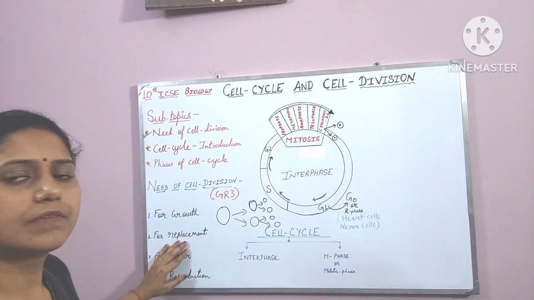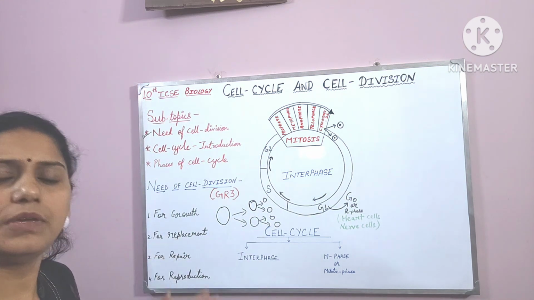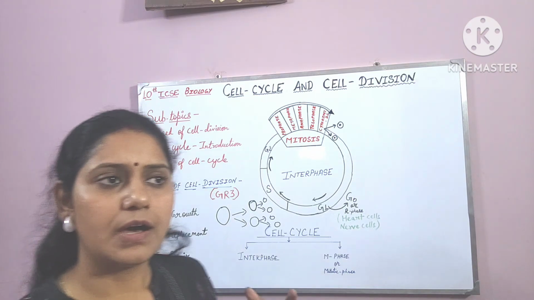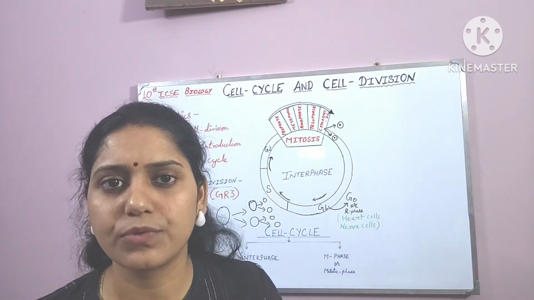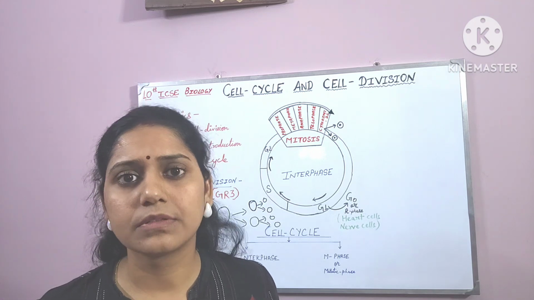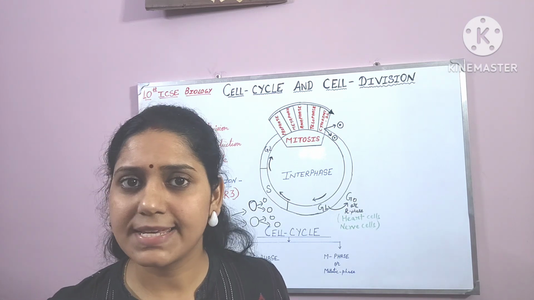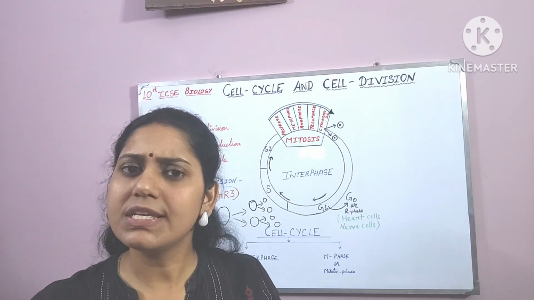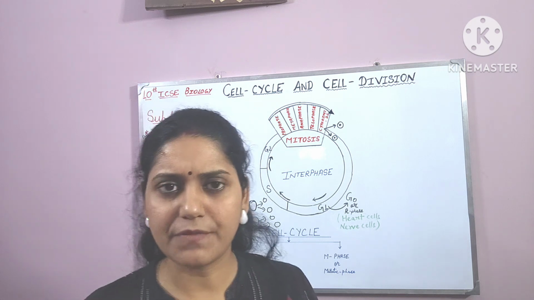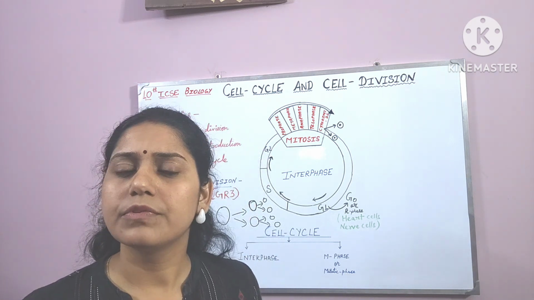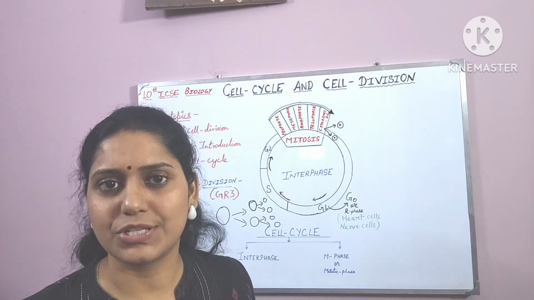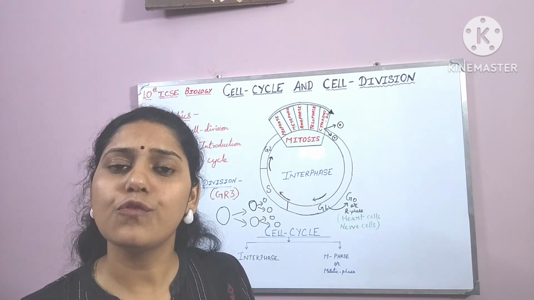The second is for replacement. Replacement of what? Take one example. Take example of household items only, like cups, plates, bed sheets. We are using these things daily in our day-to-day life. A time will come when these things will get damaged, right? So what do we do?